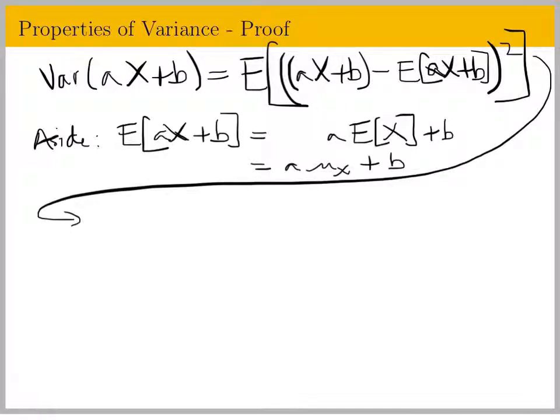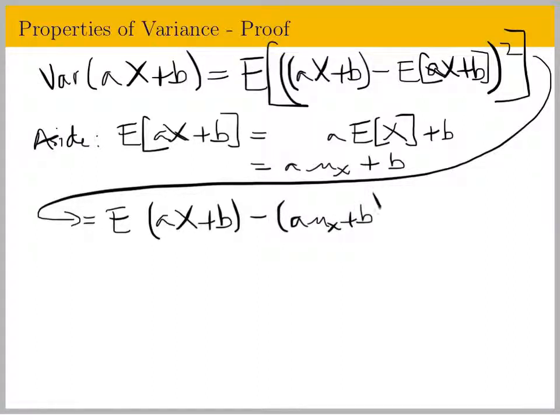What is this equal to? Well, substituting in, we get the expectation of AX plus B, all this minus A mu x plus B. We're going to take that deviation squared, and it's the expectation of that whole thing.